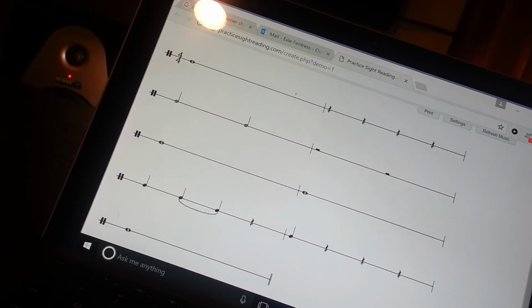Now, we're going to clap it together. I will count to 4. As I count to 4, you clap your hand when you see the note head. When you see a rest, you move your hand away.